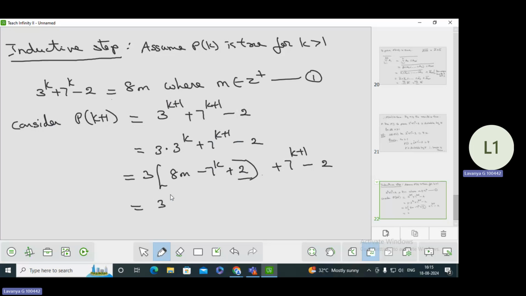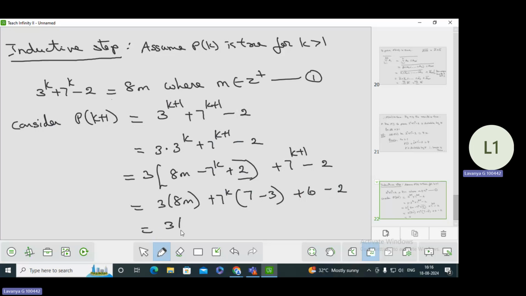So this, in other words, is 3 into 8m. I have a 7 power k here. Let me take this 7 power k common. This is 7 power k plus 1, so I will have a 7 minus 3. 3 into 2 is 6, plus 6 minus 2.